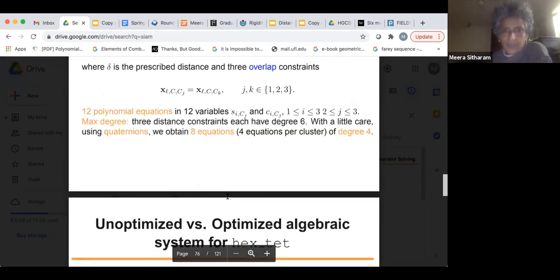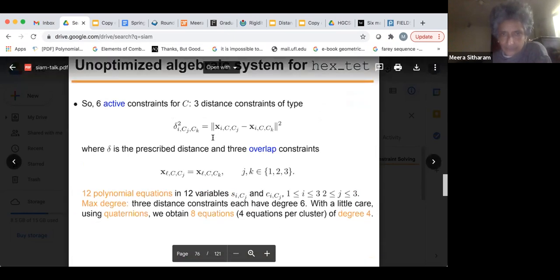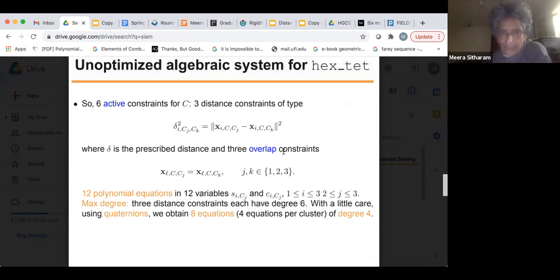So we will get 3 distance constraints plus these overlap constraints, which say that the coordinates of the A point in one cluster are the same as the coordinates of the A point in the other cluster, same thing for B and same thing for C.